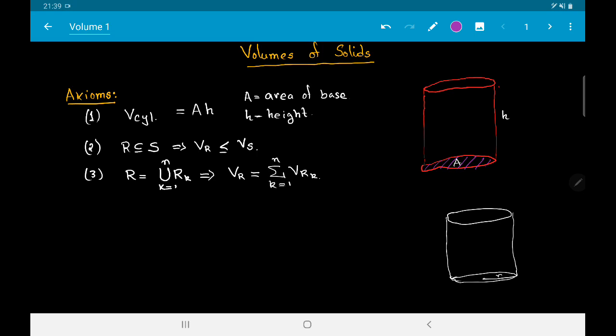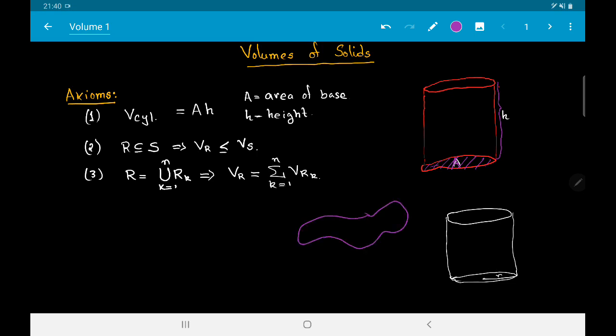So a cylinder has a base, and suppose that the base has area A, and we will always denote by h the height of the cylinder, which is the length of the lines that we have drawn on our base. A more particular case that we are familiar with is the right circular cylinder. And what is special about a right circular cylinder? In the most general case, the base can be any region of your choice.